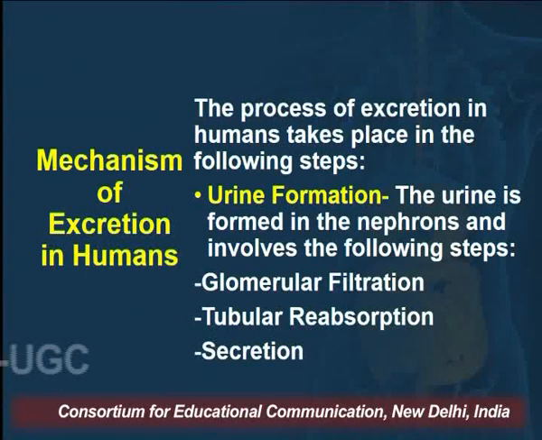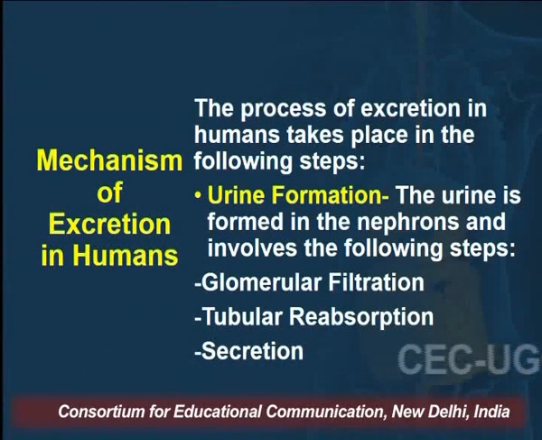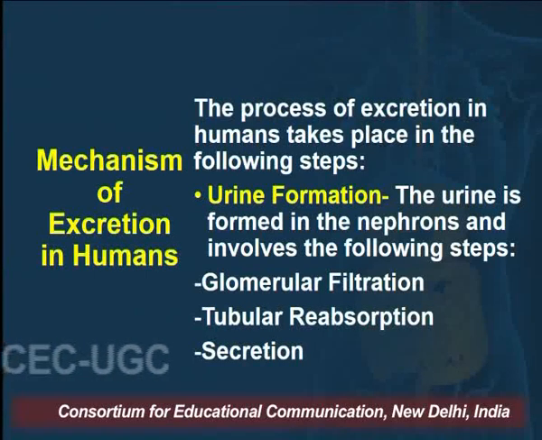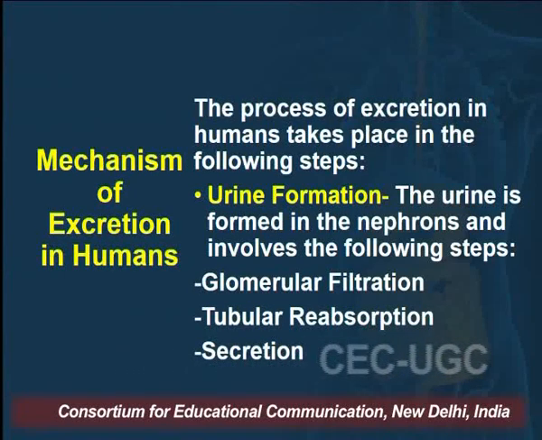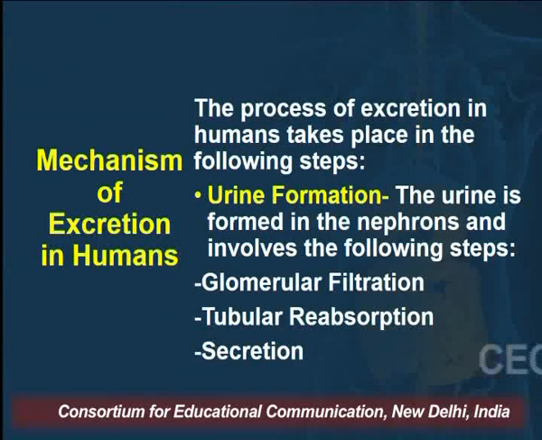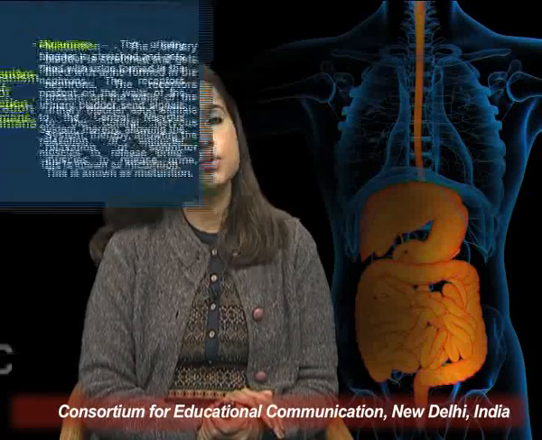The process of excretion in humans takes place in the following steps. First one is urine formation. The urine is formed in the nephrons and involves the following steps: glomerular filtration, tubular reabsorption and secretion, which we have just learned in the part on nephrons. The next one is micturition.